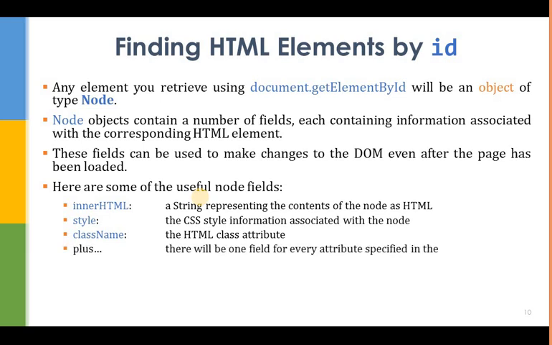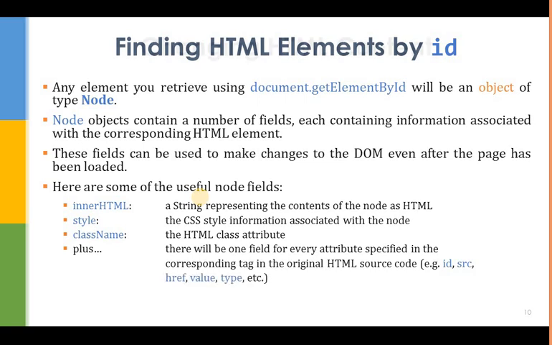Plus there will be one field for every attribute specified in the corresponding tag in the original HTML source code. That means id, src, whatever attributes are there in your actual HTML element, you can use them like that: innerHTML, style, className and other attributes.